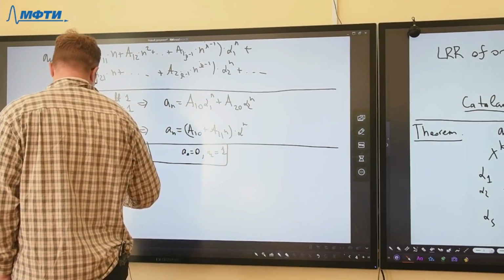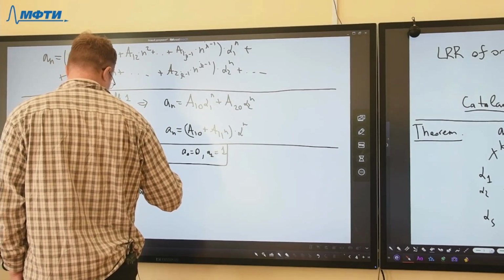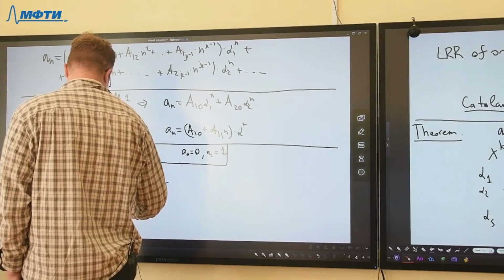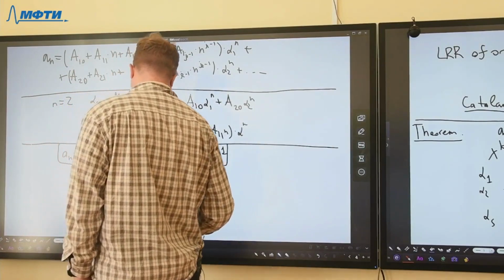suppose we have two different sequences satisfying this equation.